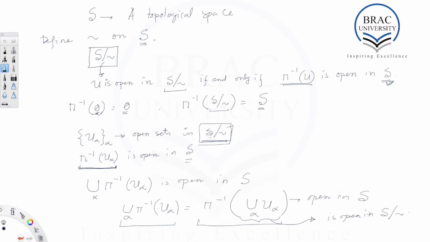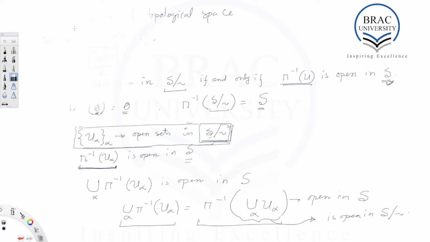So we have found that if you have an arbitrary collection of open sets in S quotiented out by twiddle, then their union is also open.